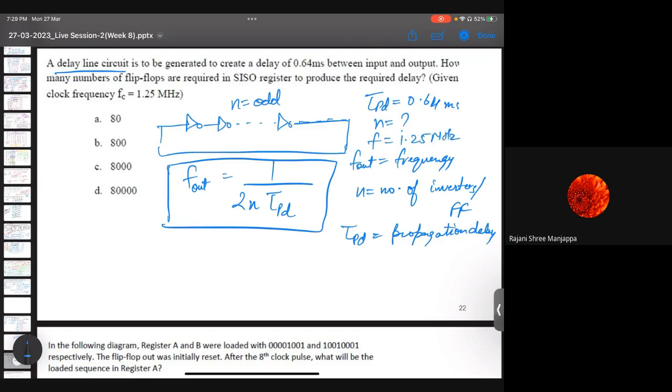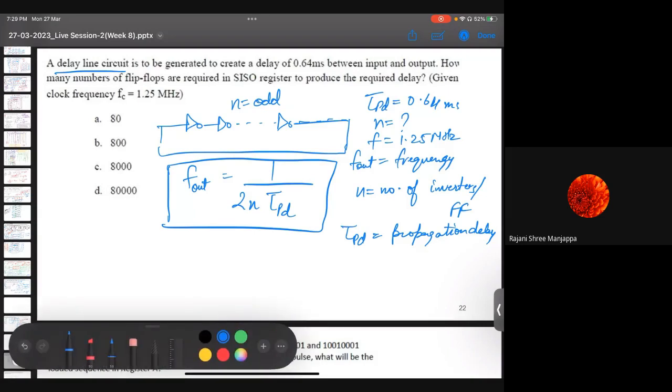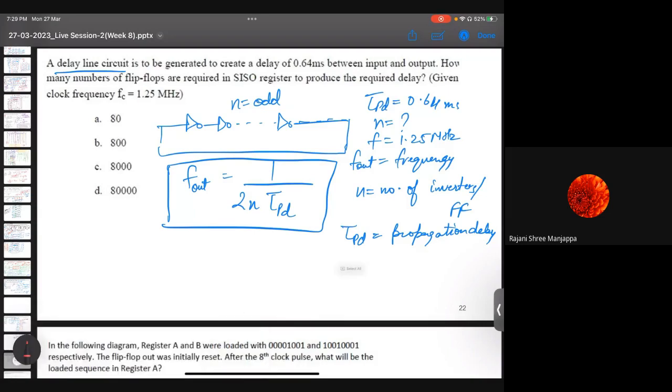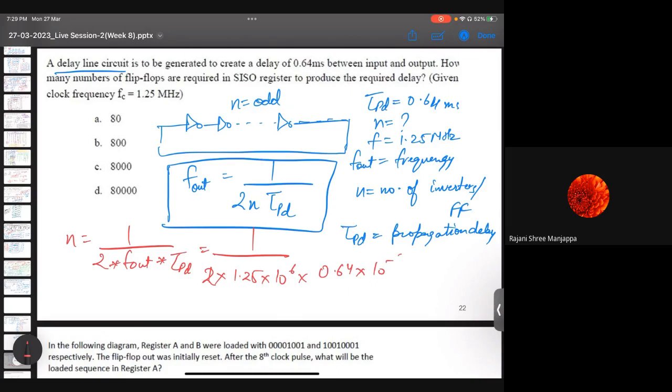So can anyone quickly do the calculation and tell me the answer? You need to calculate n, which is 1 upon 2 into f out into tau PD, 2 into 1.25 megahertz, which is 10 to the 6, and then tau PD is 0.64 into 10 to the minus 3.